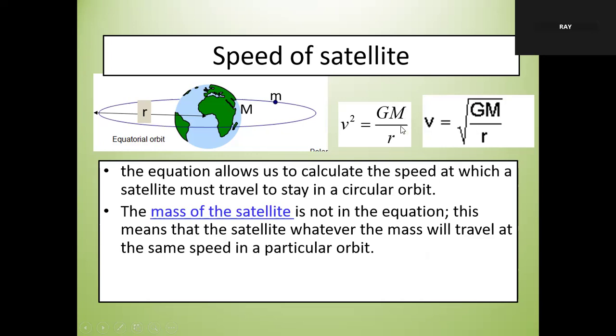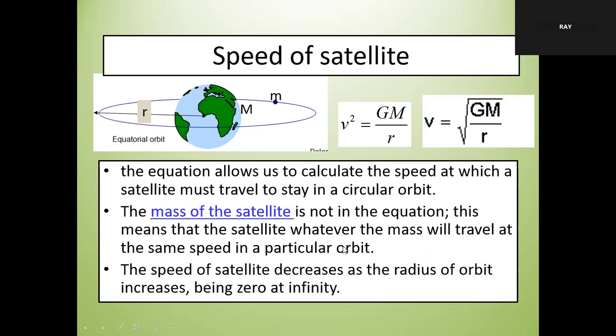As we have gone over, the mass of the satellite, small m, is not in the equation, so the speed doesn't depend on the mass of the satellite. The speed of the satellite decreases as the radius of the orbit increases. As you move the orbit further and further away, the speed decreases. As you move it closer, r becomes smaller and the speed increases.